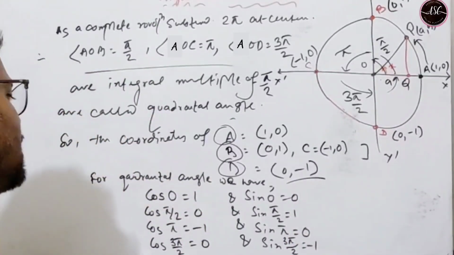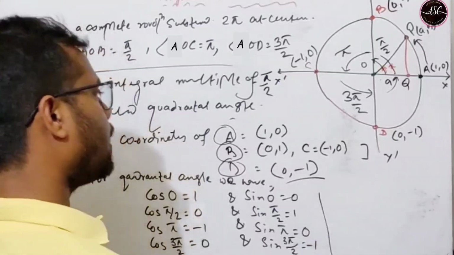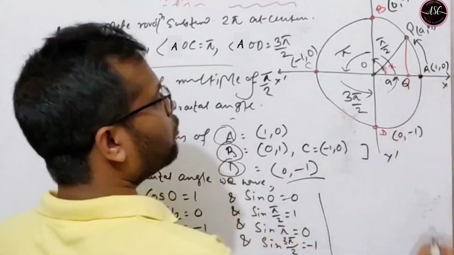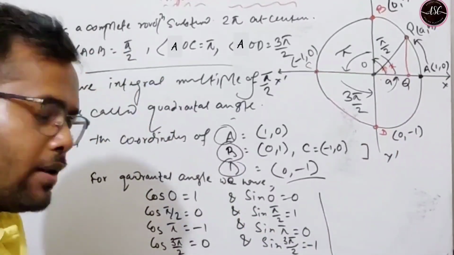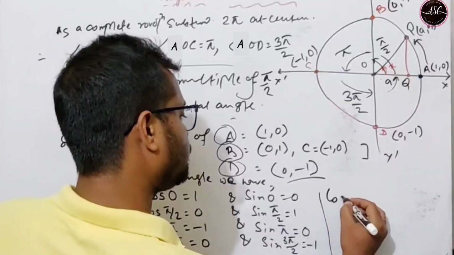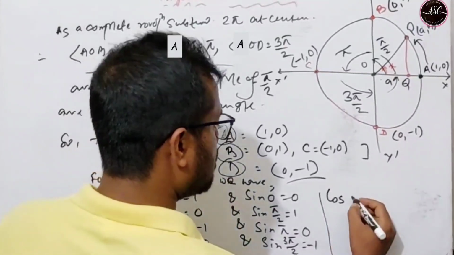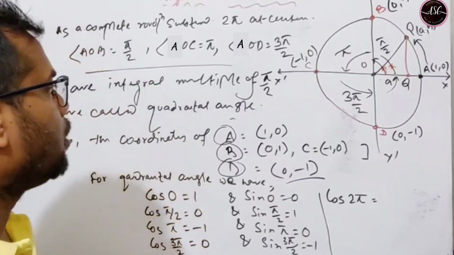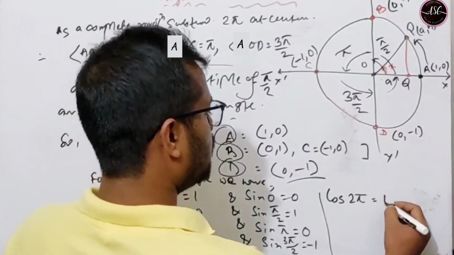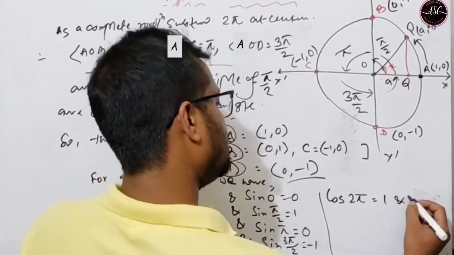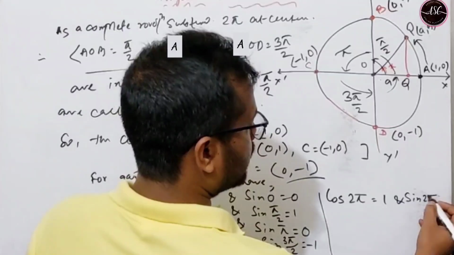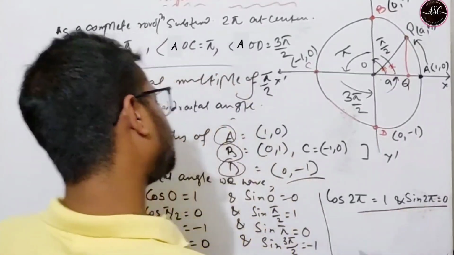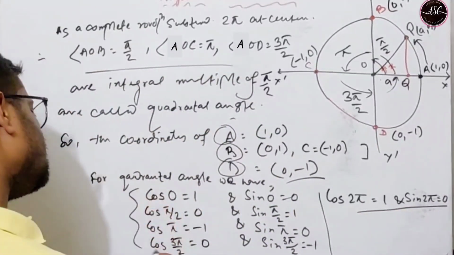And finally the ray comes to OA. Then cos 2 pi equal to 1, and sin 2 pi equal to 0. So just look at this.